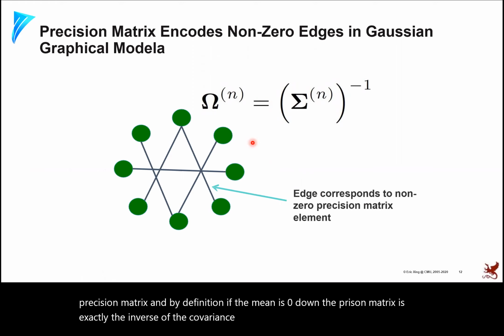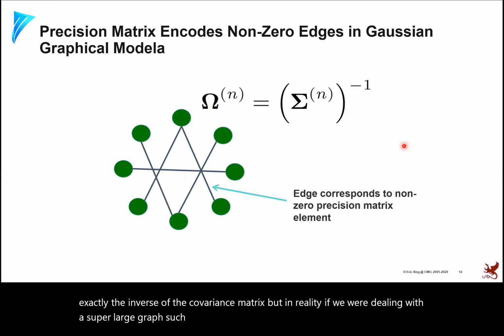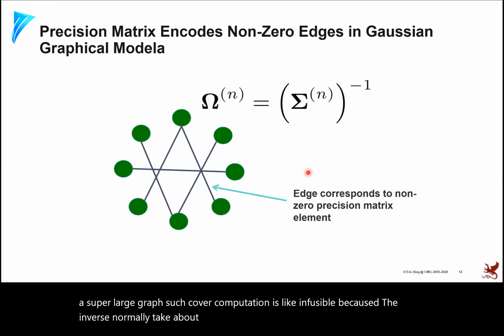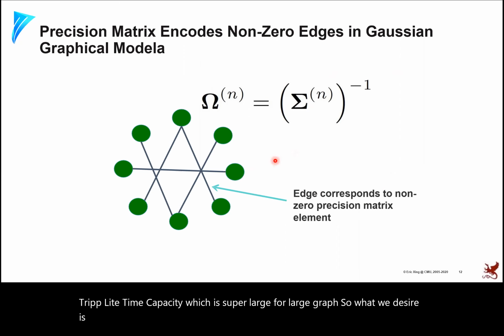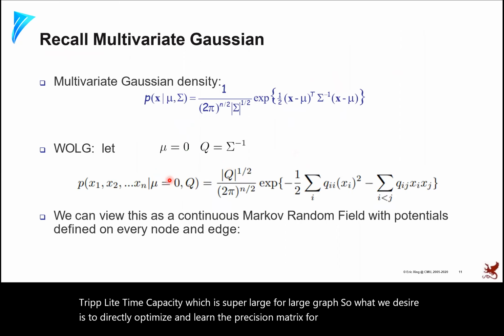But in reality, if we are dealing with a super large graph, such computation is infeasible, because the inverse normally takes about cubic time complexity, which is super large for a large graph. So what we desire is to directly optimize and learn the precision matrix to define such dependency between two nodes.